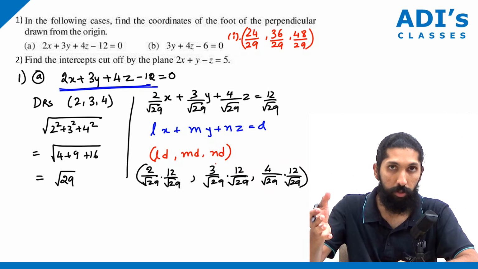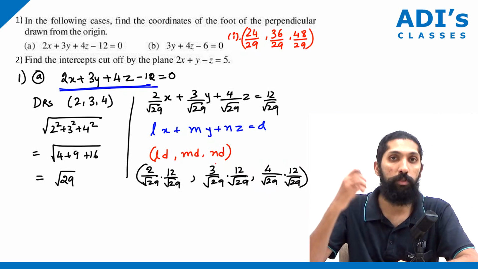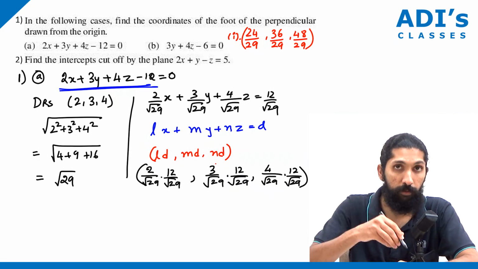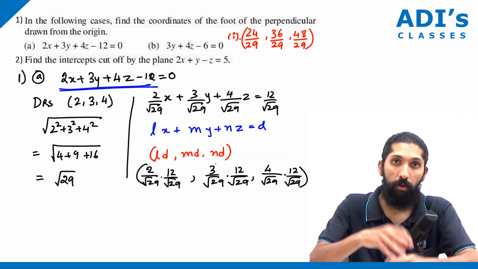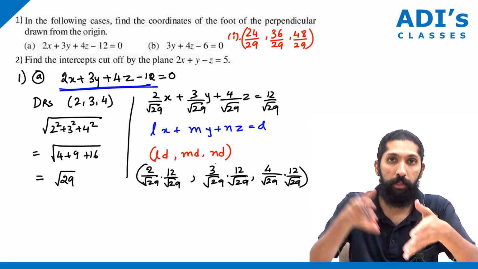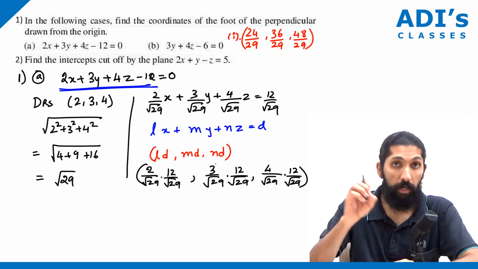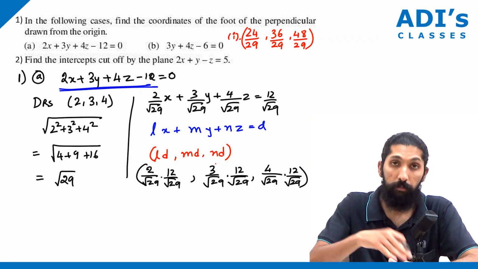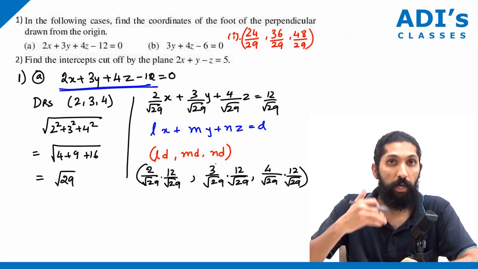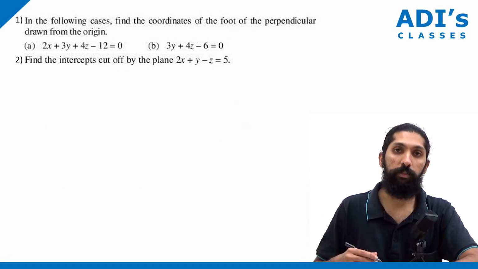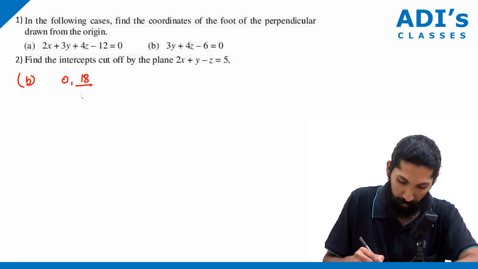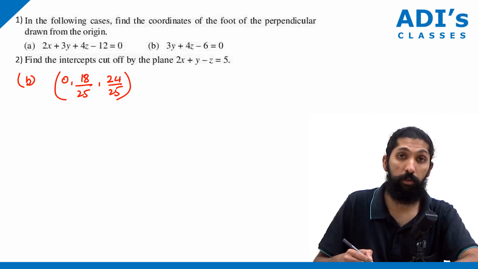Find the direction ratios, find the value of D. Once you find the value of D, you write it in the form of Lx plus My plus Nz is equal to D. Once you have that, find LD, MD, ND. Fair enough? I want you guys to solve it by yourself, but I'll give you the answer. The answer for the second one, B, is 0, 18 by 25 and 24 by 25. I hope all of you got the same answer.